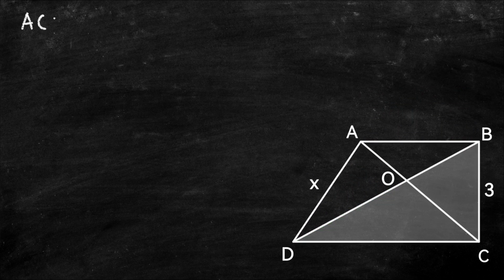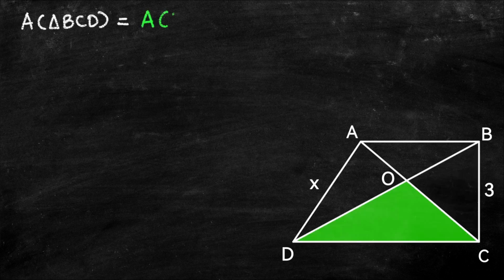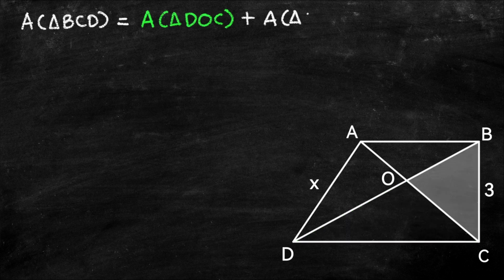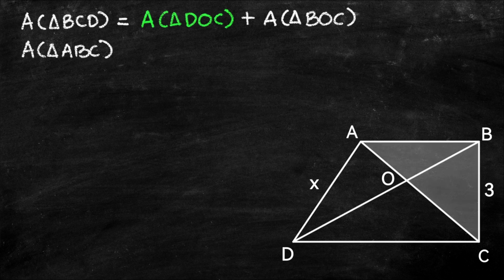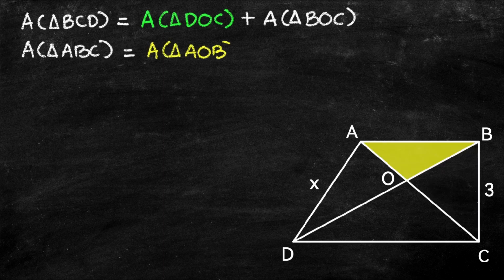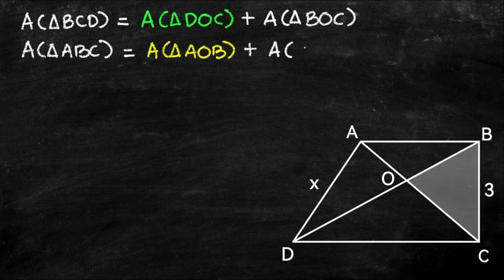Next, we can see that the area of triangle BCD is equal to the area of triangle DOC plus the area of triangle BOC. Also, the area of triangle ABC is equal to the area of triangle AOB plus the area of triangle BOC. Now, if we subtract the two equations, the area of triangle BOC cancels out.